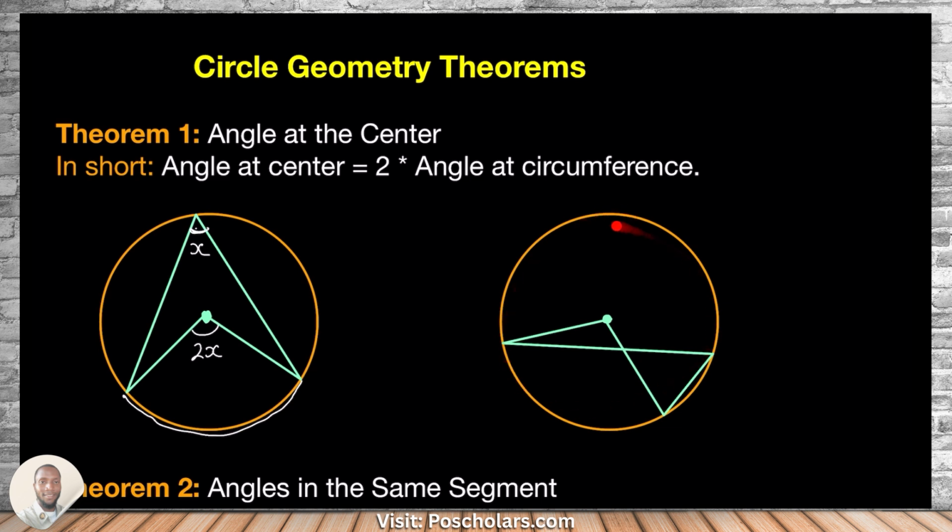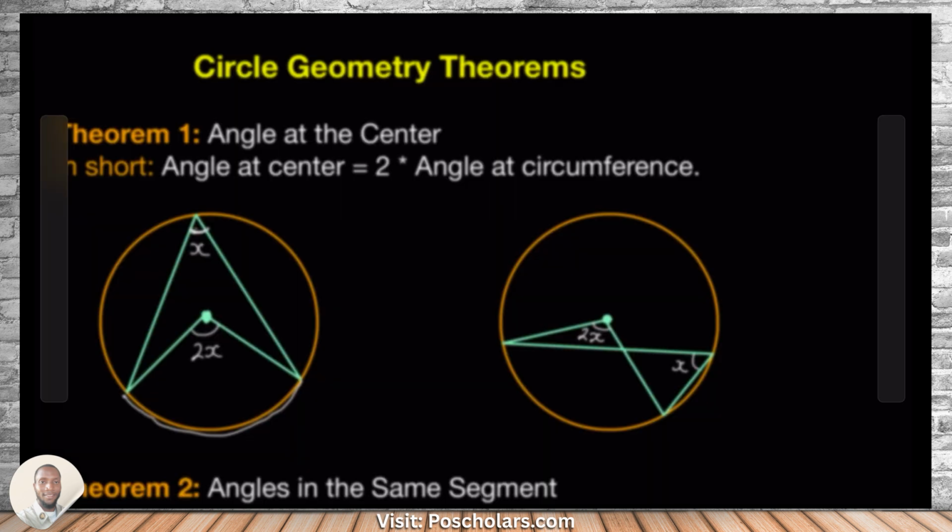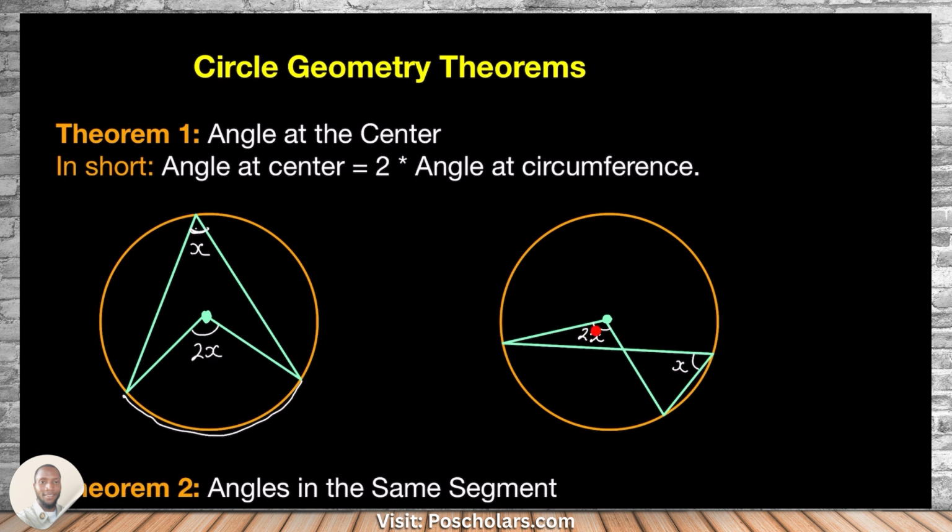Next is another diagram here. Where is the angle at center? This is the angle at center, right? And this is the angle at circumference. And the theorem says if this angle is x, this angle will be what? 2x. That means if this angle is 30 degrees, this angle is going to be what? 60 degrees. Now how do I know I'm supposed to choose this angle and this angle?